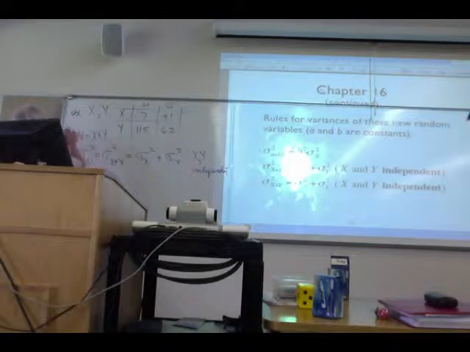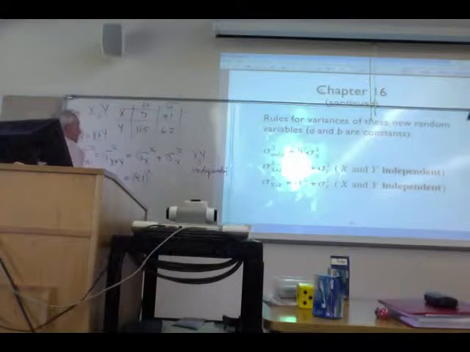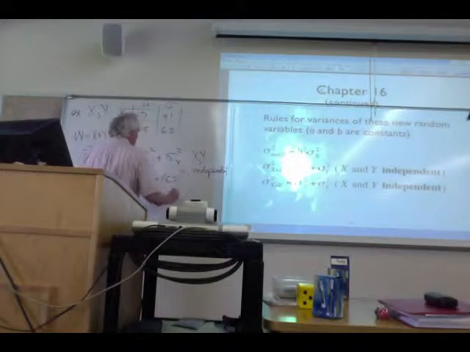So the variance in the new random variable W is 4.1 squared plus 6.2 squared.